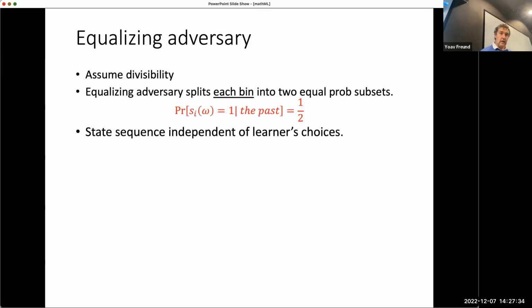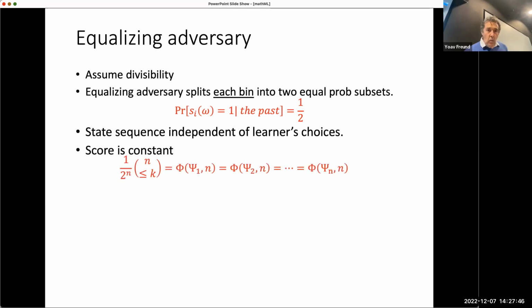Okay, so again, our strategy is really the same. We just do every expert predicts 1 or 0 with probability a half, independent of anything else. And what you get from this score is that the score doesn't change from iteration to iteration.